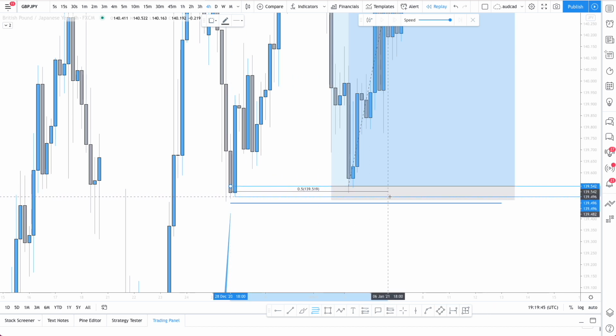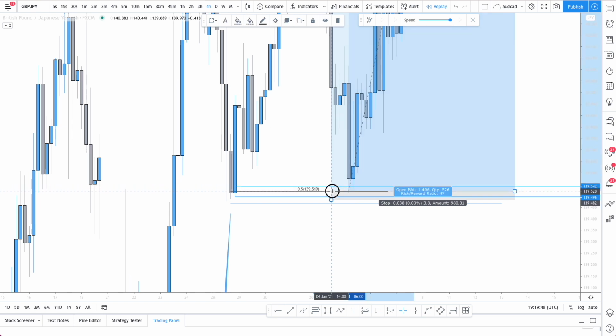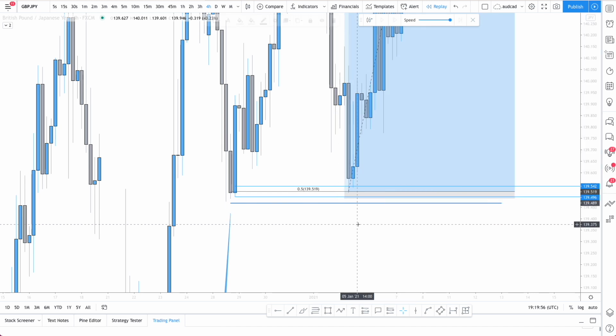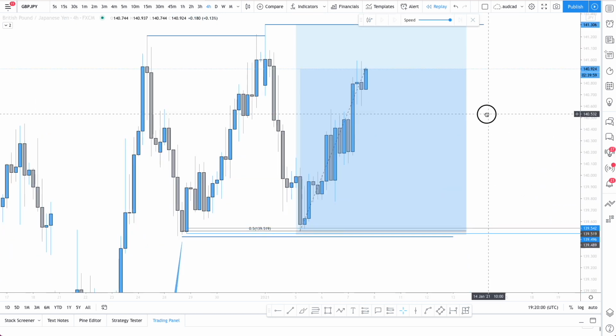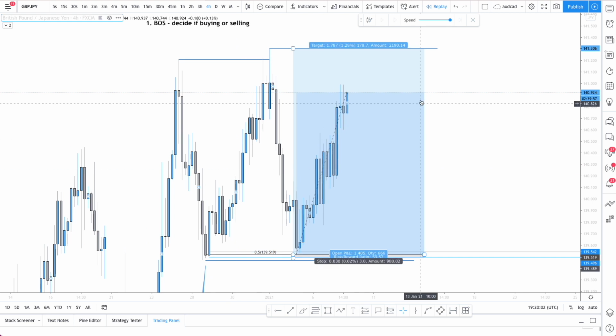Yeah, perfect. He would have got 50% on. Oh gosh, that's a beautiful entry. He could have got 50%, and he obviously could have got a tight stop. We could put a 3 pip stop there, and that turns that into a 60R trade. That is nuts. So fair play obviously for taking the trade.